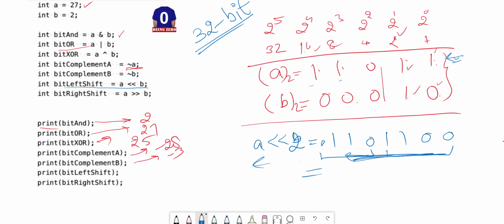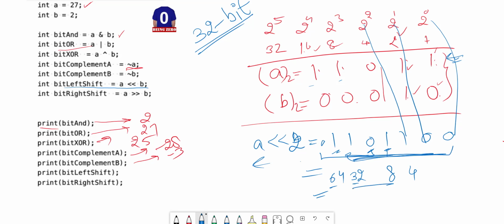Let's see, this is 2 power 0, 2 power 1, 2 power 2, which is 4, 2 power 3, which is 8, 2 power 4, nothing, 2 power 5, 32, 2 power 6, 64. So this is what we are getting, 64 plus 32 plus 8. So 32 and 8 is, we know, 40. 40 and 4, 44. 44 and 64 will be 108. So this should be the answer.